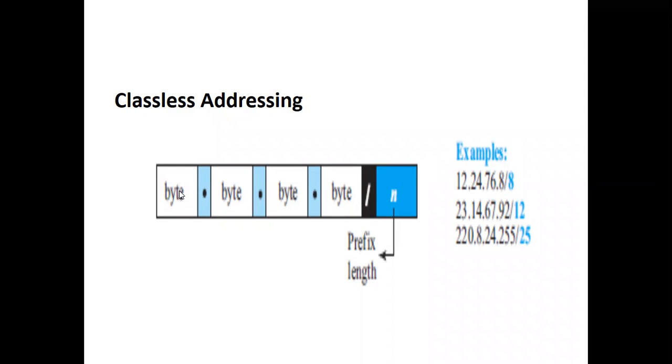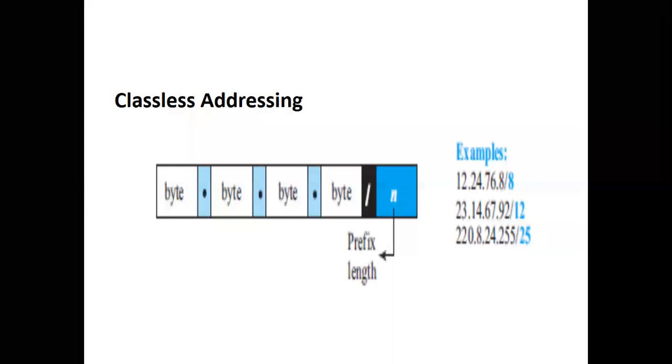So you have the first byte dot, second byte dot, third byte dot, fourth byte slash n. This slash notation is also called CIDR notation, that is classless interdomain routing notation. Why is it called classless interdomain routing notation?